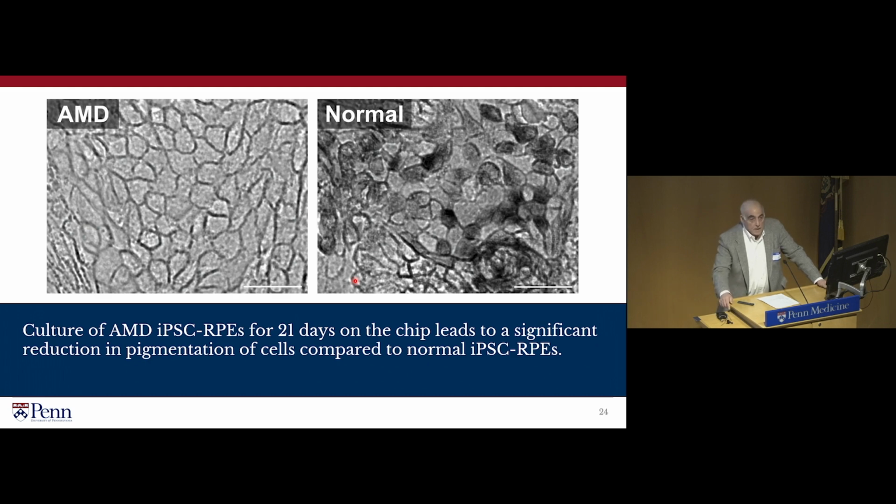So then we got a few AMD donors, took their stem cells and differentiated them to RPE. And just looking at the surface layer with a bright field microscope, you can see that there's a difference in pigmentation between an iPSC from a normal donor versus an AMD donor.